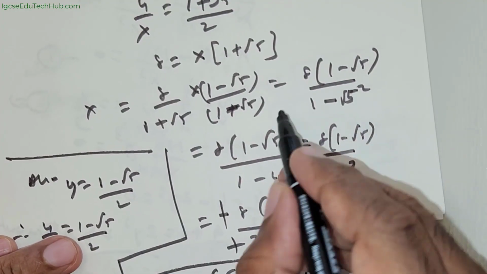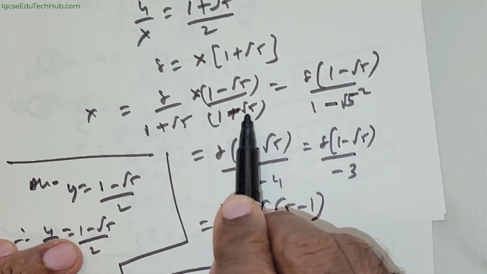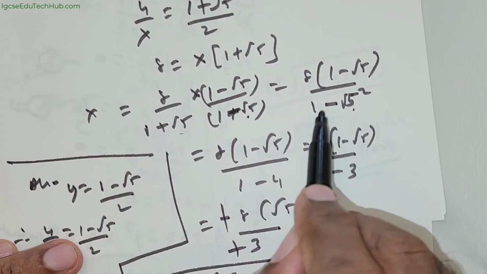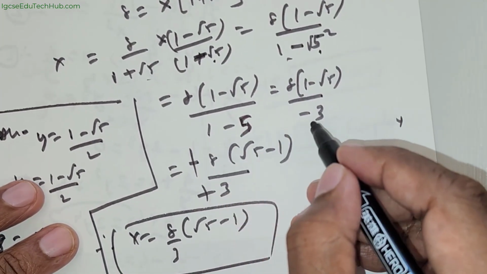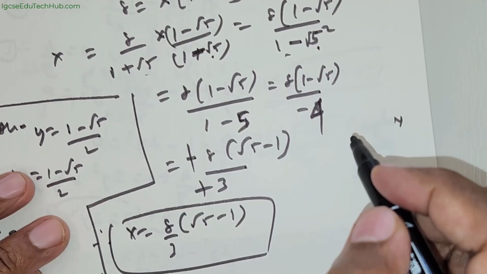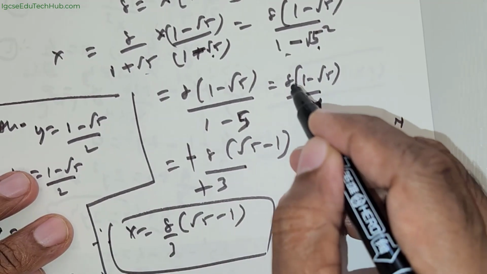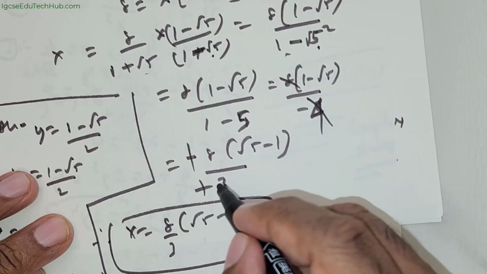I need to make a small correction here. This is 5, right? 1 − 5. 1 − 5 will give me negative 4 here. So this is going to divide here.